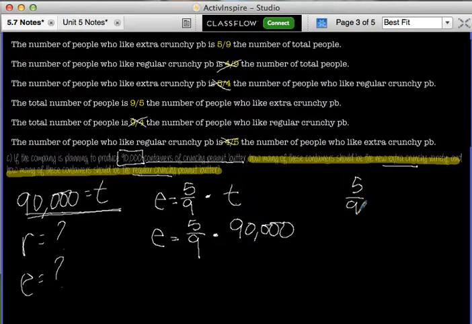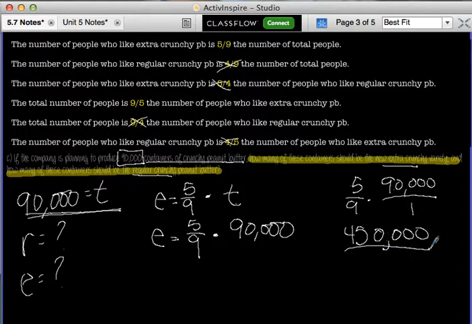So in this case, I have 5/9 times 90,000, and we know that to do this, I put it over 1. 5 times 9 is 45, and I have 4 zeros, so I add 4 zeros, and then 9 times 1 is 9.